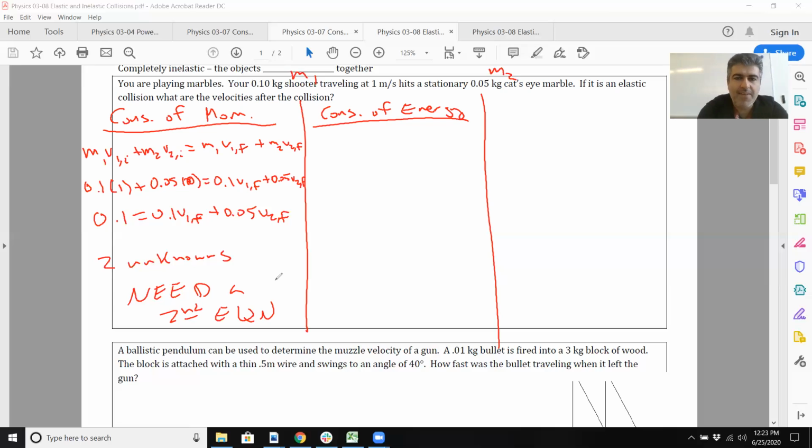Okay, so then you're going to have 1/2 m1 v1I squared plus 1/2 m2 v2I squared. I'm going to erase this line because I'm totally going to need more space.